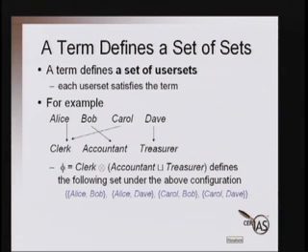So let's go back to think about what a term in the algebra actually defines. A term can be satisfied by a set of users, and given a certain configuration, there may be a number of different user sets that can satisfy the same term.